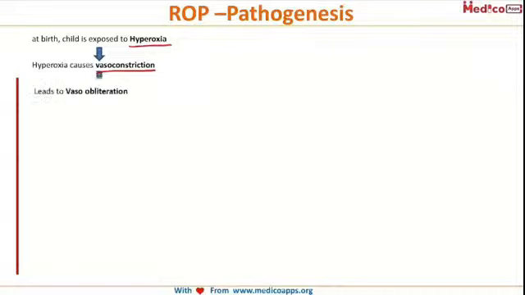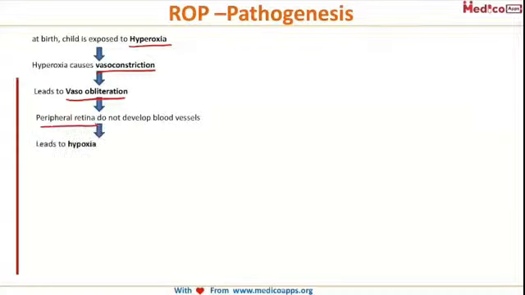This in turn leads to vaso-obliteration, and because of this vaso-obliteration, the peripheral retina does not develop blood vessels. This in turn leads to hypoxia.